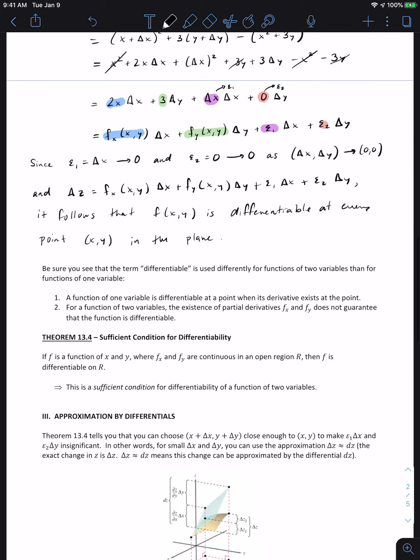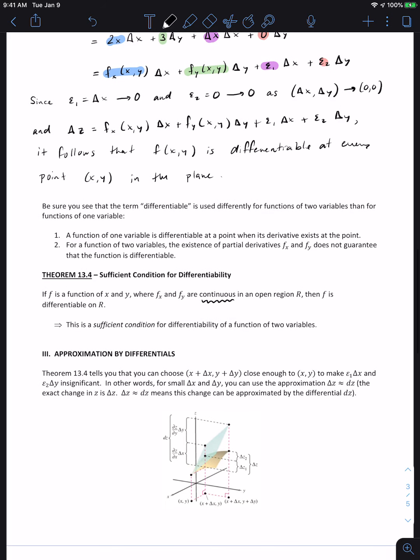So just because they exist at a point does not mean it's differentiable. However, if they exist and they're continuous, then it's differentiable. The idea is if those are continuous, then that is sufficient for you to determine whether it's differentiable at that point. So hopefully you're able to see the difference now.